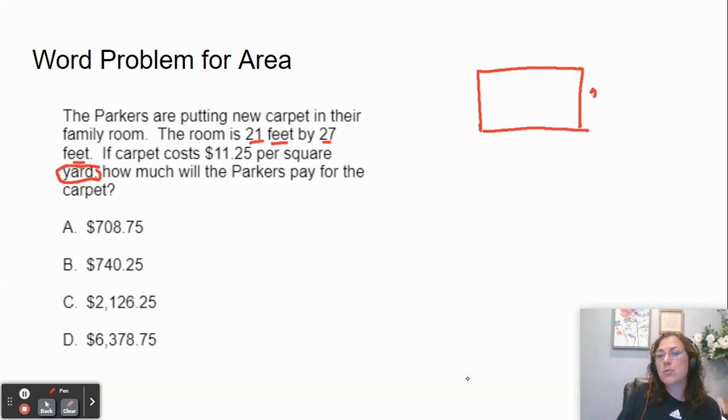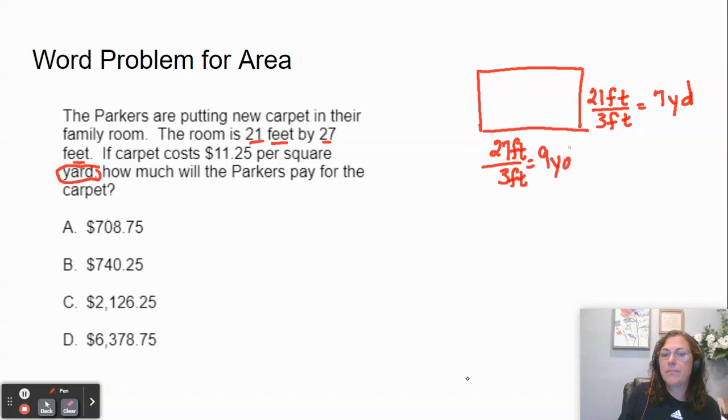This time we're told we have 21 feet. Remember, our carpet is being sold per yard, so we have to divide by 3 feet to see that that's 7 yards. We'll do the same thing with the 27 feet. I'm going to divide by the 3 feet, and that gives me 9 yards.